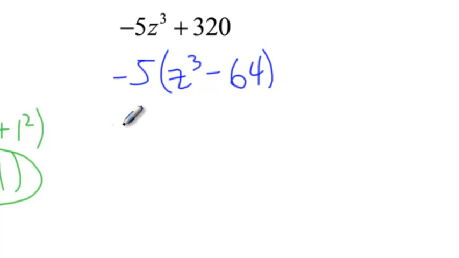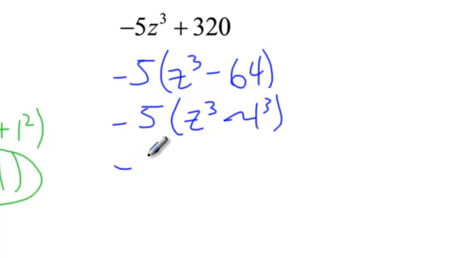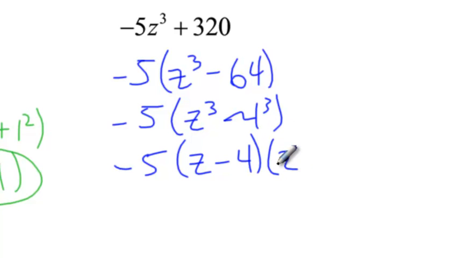And so now I'm going to say negative 5 times z cubed minus 64, and 64 is 4 cubed. Then I'm going to say negative 5 times z minus 4, and then z squared plus 4z, and then I could say 4 squared, but I'm just going to go ahead and write 16 because that's 4 squared.